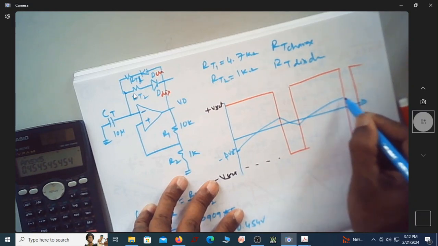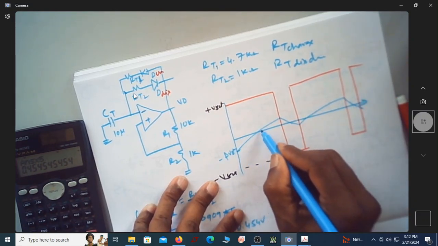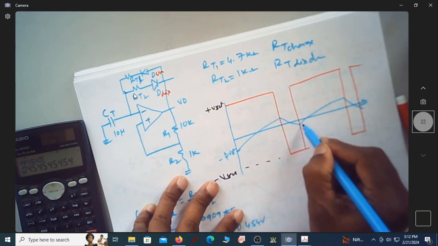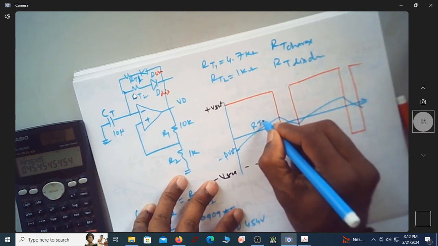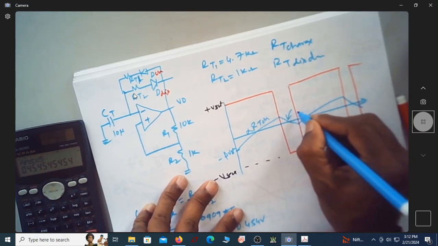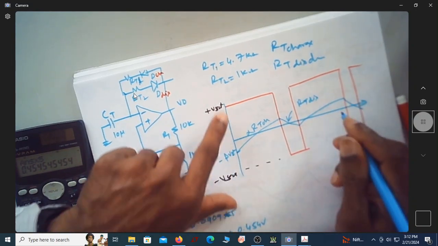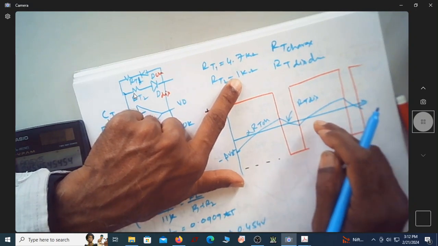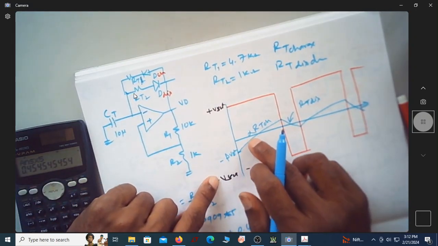Because beta is so small, it goes like this. It takes longer time to charge, whereas discharging is faster, because charging is associated with RT charge and discharging is proportional to RT discharge. The discharge resistance is very less, so it discharges quickly. This resistance is more, so it takes longer time to charge.